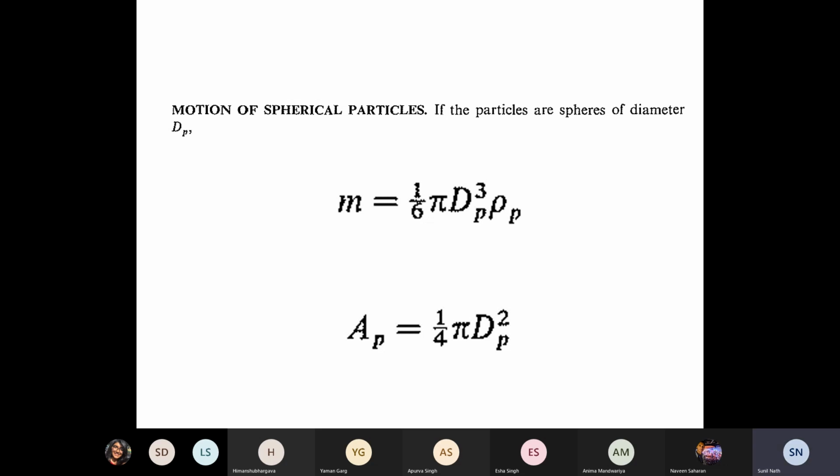Okay, and then let us see how we can go to Reynolds number above the creeping flow. All right.